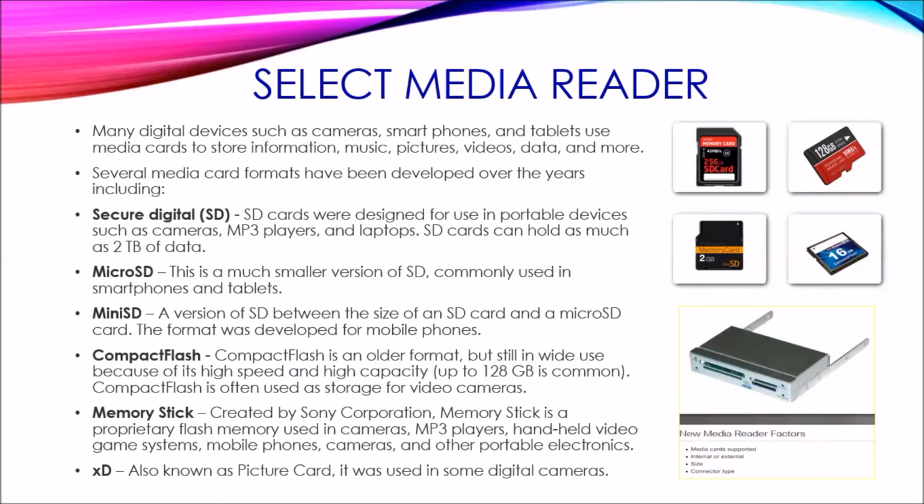Compact flash is an older format but still in wide use because of its high speed and capacity, commonly up to 128 GB. Compact flash is often used as storage for video cameras.